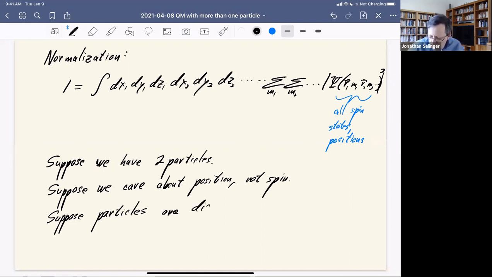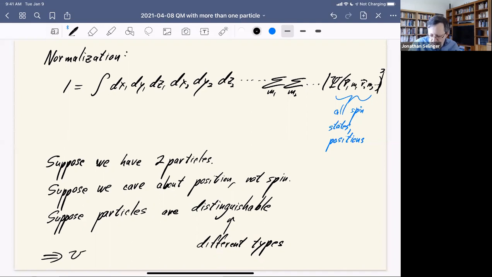I'll talk later on about why distinguishable is important, but for now, let's just think they are different types of particles. All right then, so we have two particles with two positions. And so in that case, we would get a wave function that involves R1 and R2 and time.